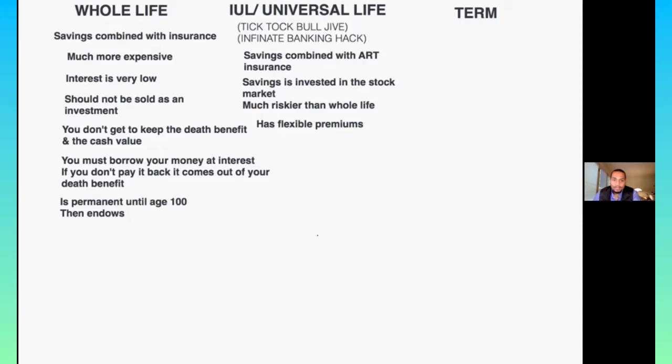The other thing is it allows for partial surrenders. Unlike whole life, where you can't surrender the policy without paying a whole bunch of fees and having all types of problems, or basically getting rid of your insurance, with IUL you can take a little bit of your money out, and you're good.